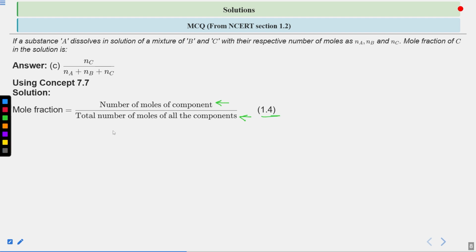So the mole fraction is defined as the number of moles of the component, whichever component we are determining.